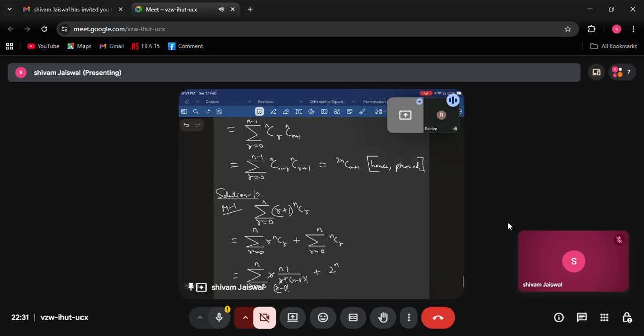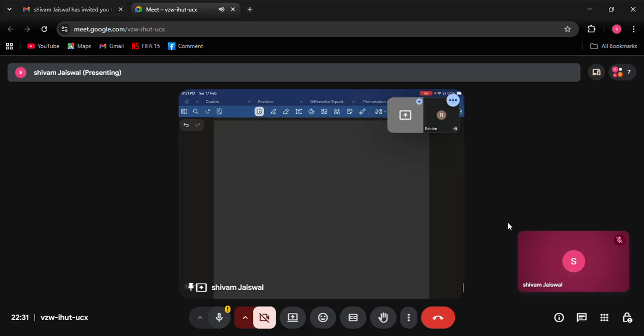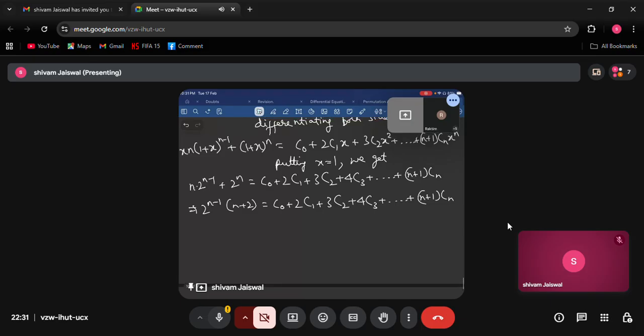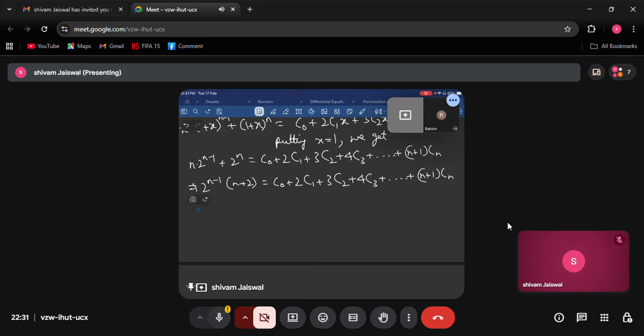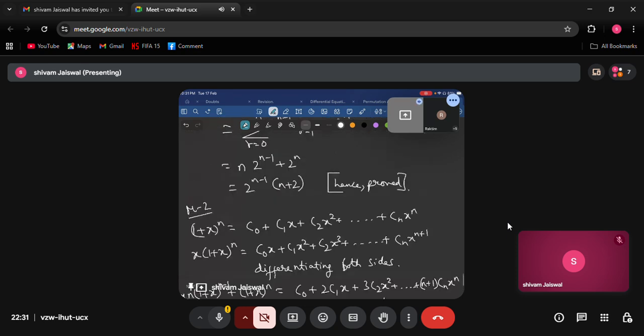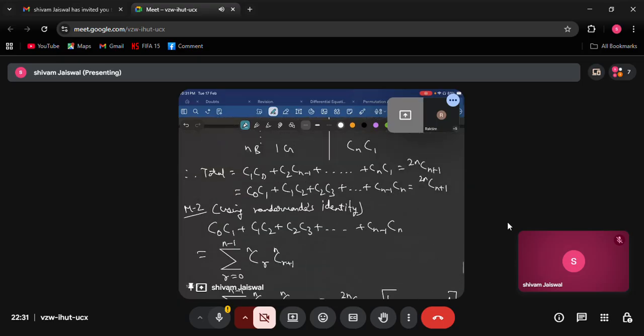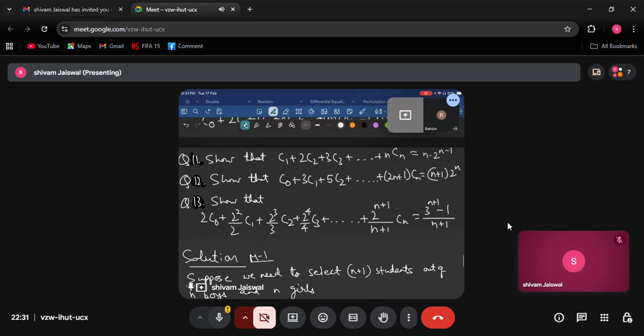Devang, over here, there are two methods to solve. Actually, there are many methods to solve. So Devang, see. This is number 12.